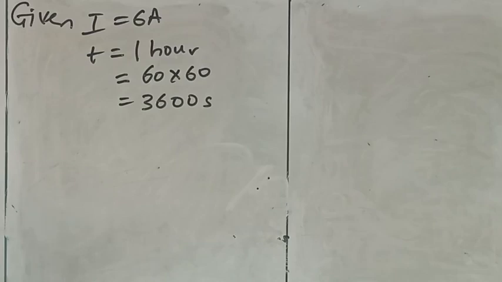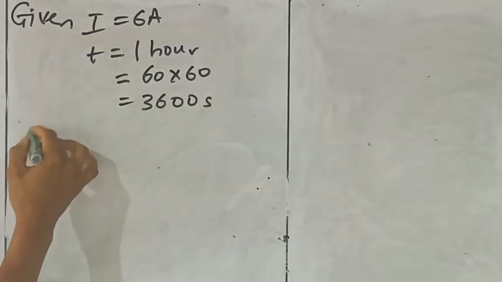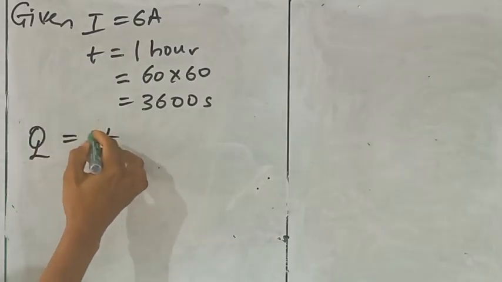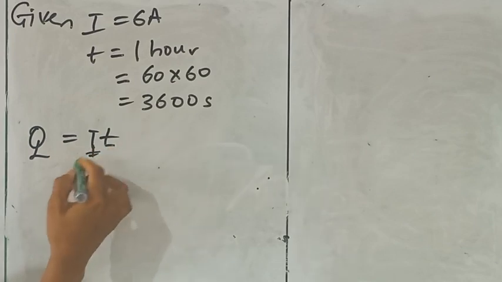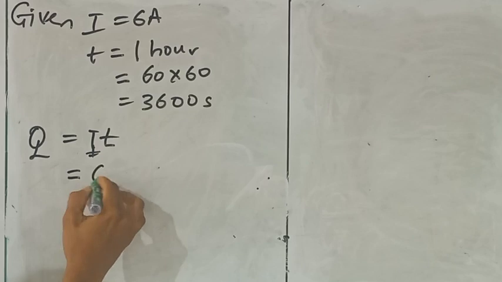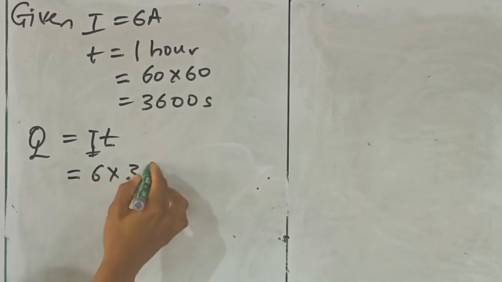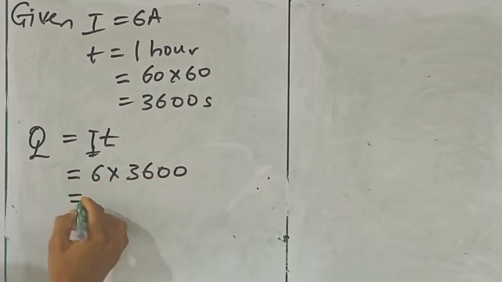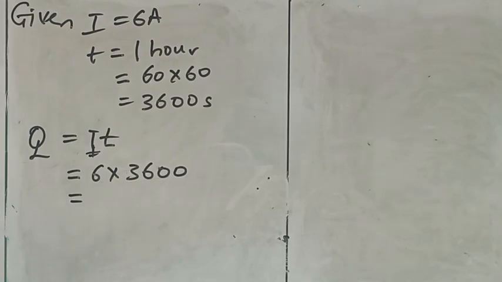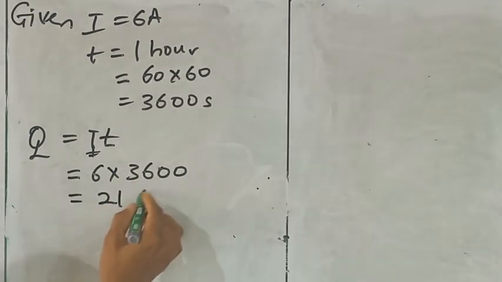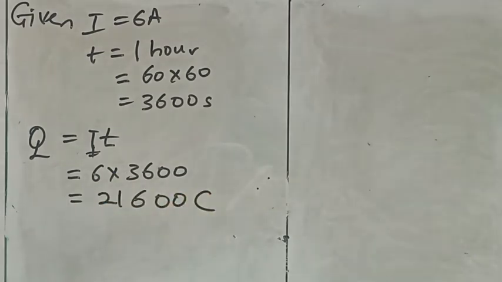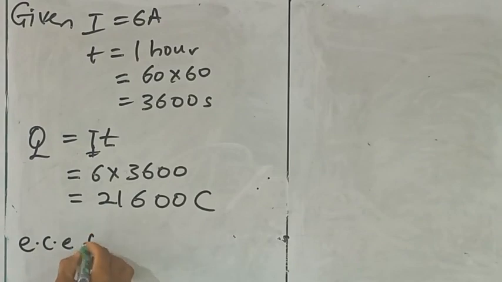Then we have quantity of electricity. Q will be IT. Remember, that will give us 6 times 3600 seconds, so that we'll have the quantity of electricity to be 21600 coulombs.